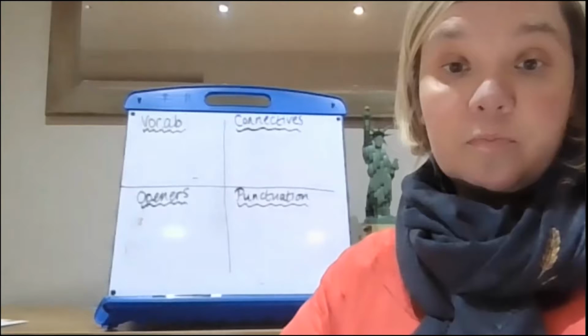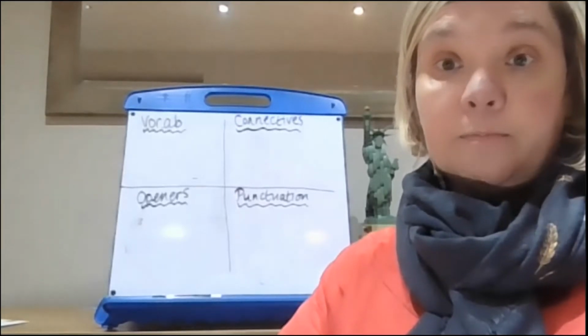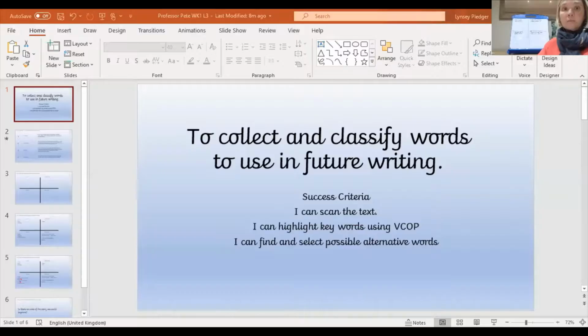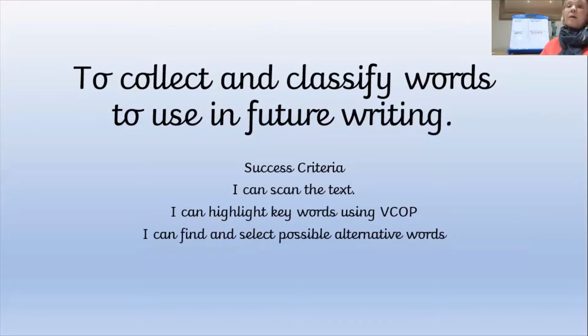So today in our literacy lesson, we are going to be looking at collecting and classifying words, and we are going to be looking at those because they are going to be used in future writing. So that's really important. Okay, and today, we're going to be scanning a text.